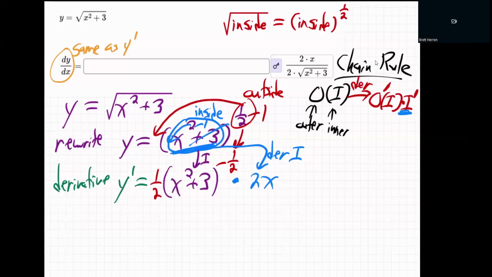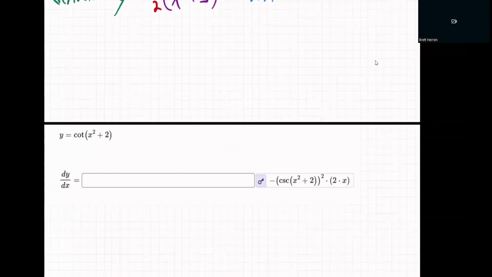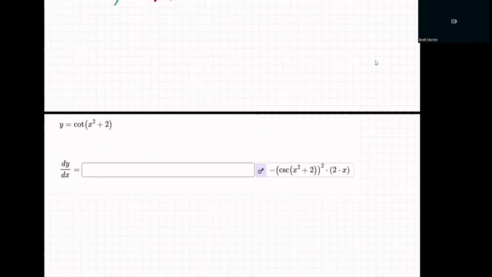Now, you might have that version or you might have this other one. Let me show you. This is another version you might have, like a tangent or cotan or something like that. So in this case, I have y equals cotan of x squared plus 2.